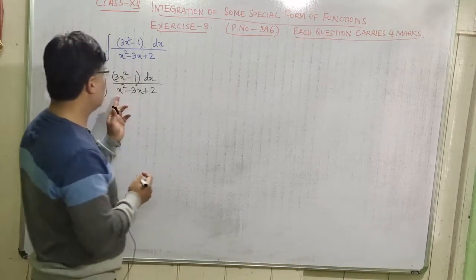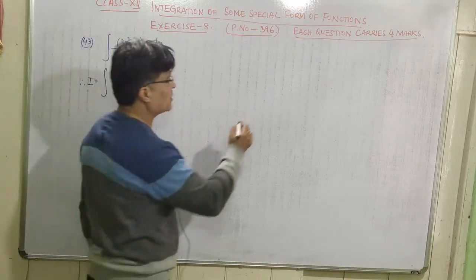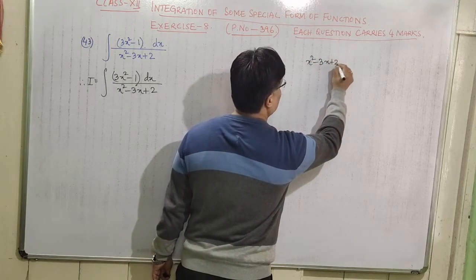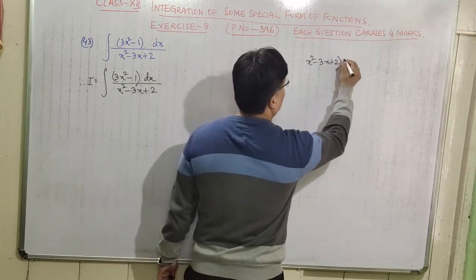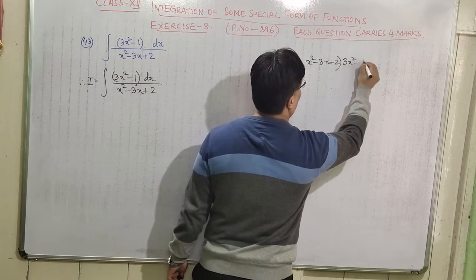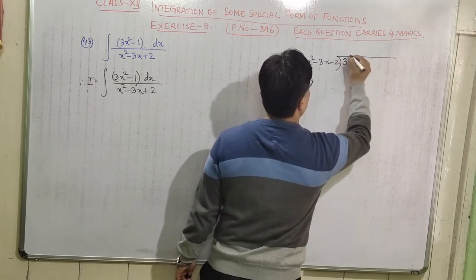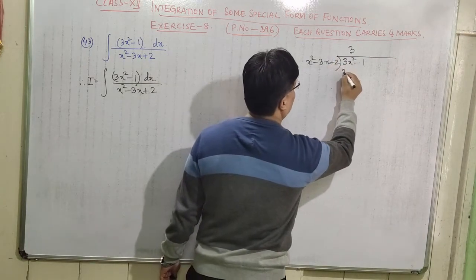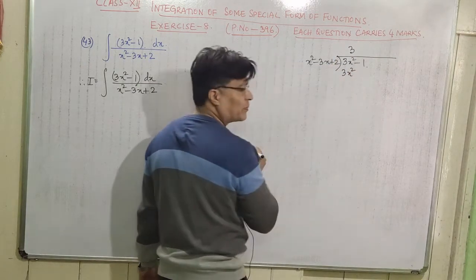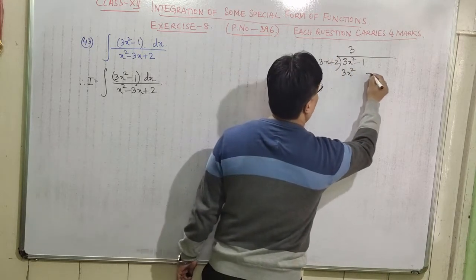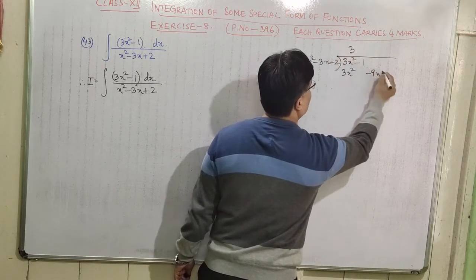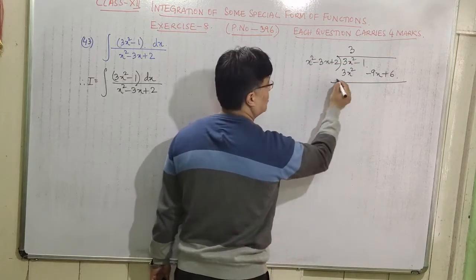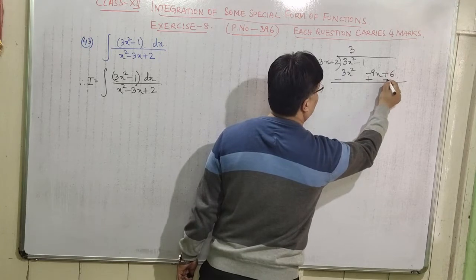Here the denominator is x square minus 3x plus 2. It should divide 3x square minus 1. So it is 3 times, right? 3 ones are 3, this is 3x square. Then plus and minus 9x plus 3 2s are 6. Now you can subtract it, so it is minus plus minus.